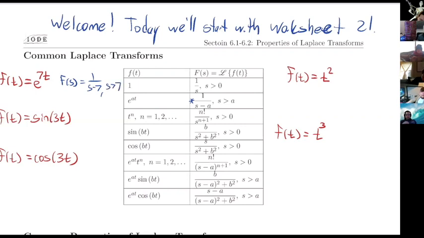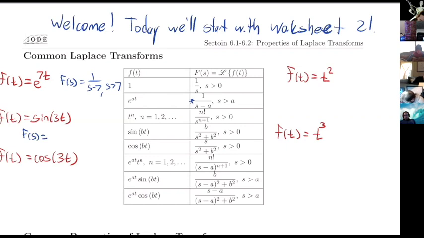We do want to specify the domain here for all of these Laplace transforms. Then these trig functions, sine and cosine, look very similar, but they've got something different going on in the top, so you want to keep those two straight. For the sine, we would get F of s.